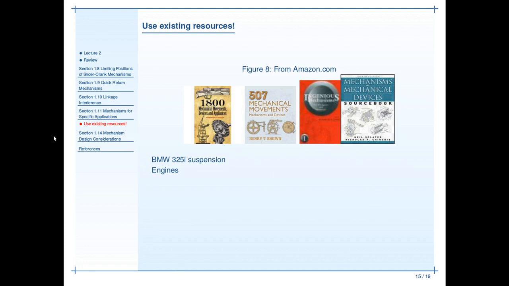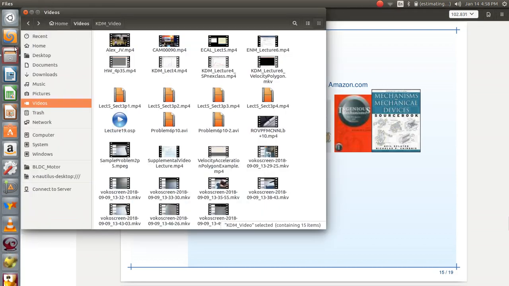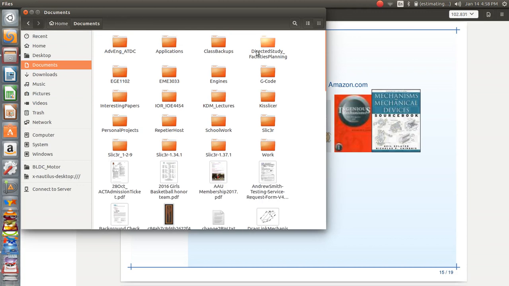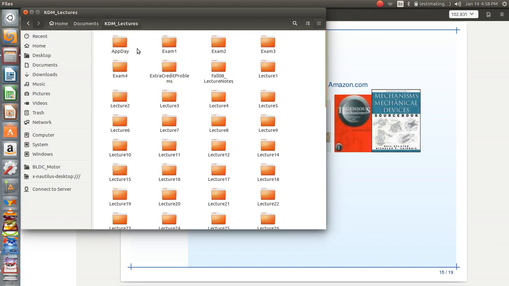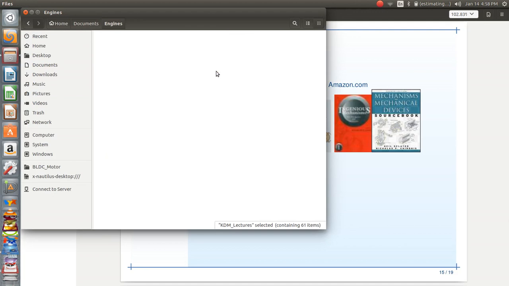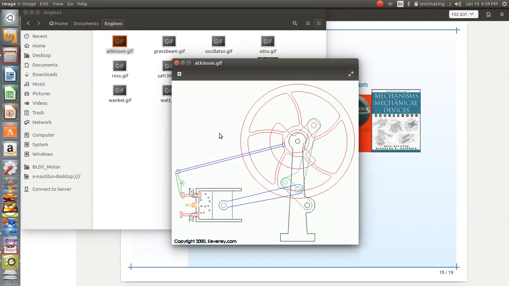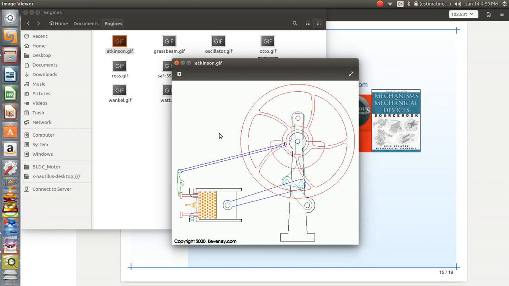So let's see here. These are kind of fun. They show some of the variety of mechanisms that we will see at various times in the mechanical engineering process.